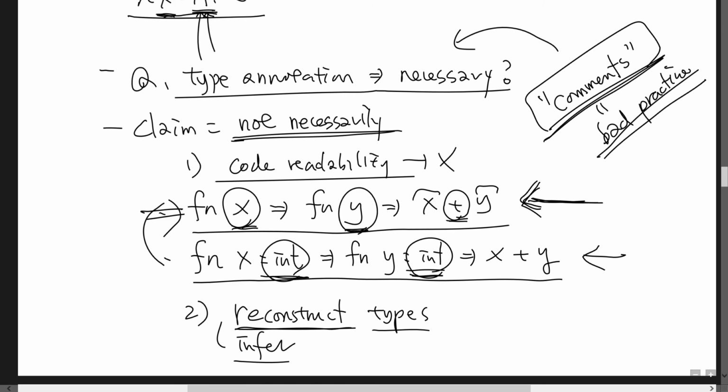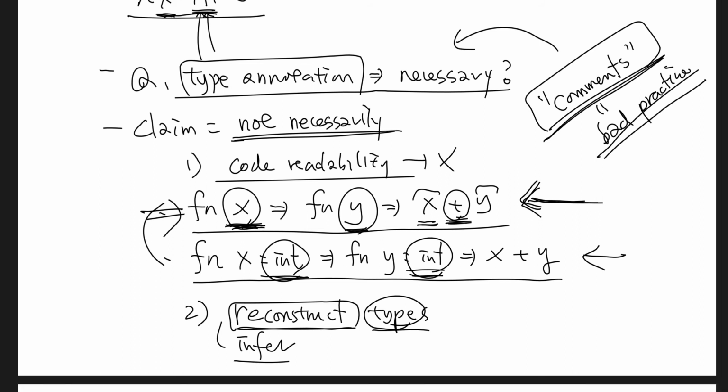The type reconstruction algorithm will tell you the variable x must have type int, because it is an operand of this integer addition. So depending on the way that you design and implement the programming language, you might be able to reconstruct the types. In that case, this type annotation is actually not always necessary.